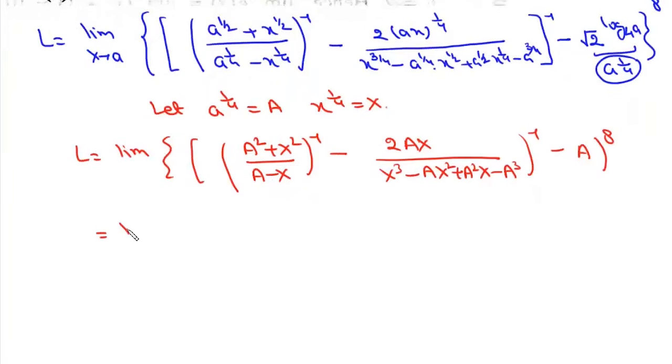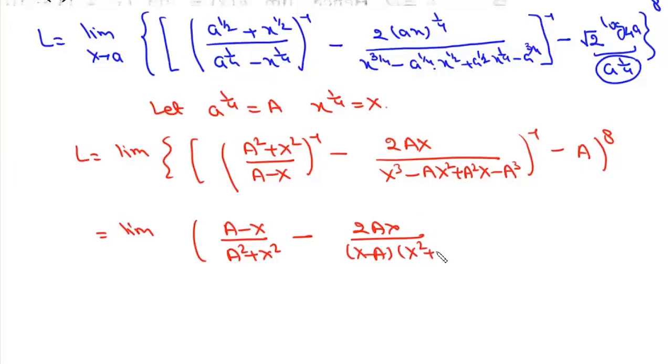Now this is this limit, and then if we take this reciprocal, we can write this as A minus X upon A square plus X square, and this is minus 2AX, and if we factorize this, we can factorize this as X minus A into X square plus A square, whole to the power minus 1, minus A, whole to the power 8.